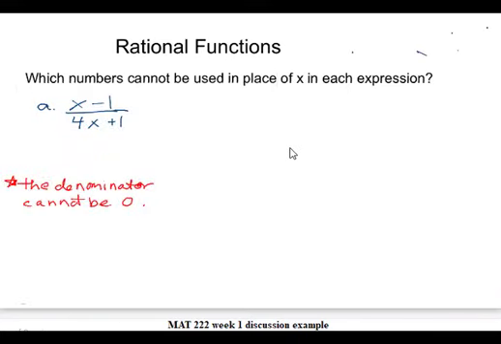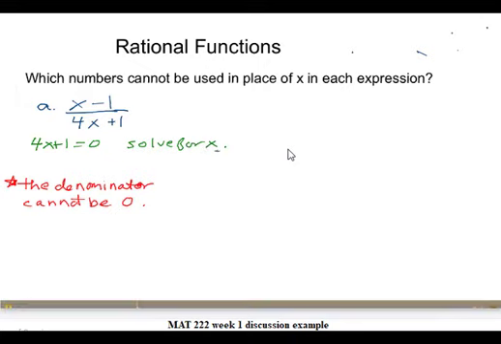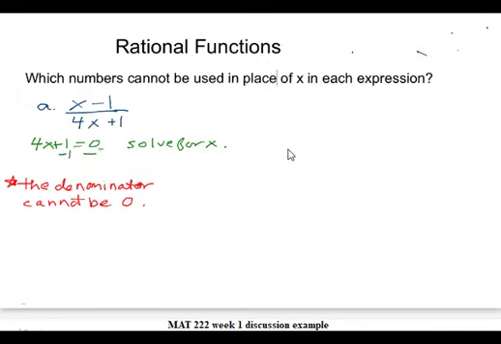So since the denominator cannot be 0, we need to take the denominator, 4x plus 1, set it equal to 0, and solve for x. When we do, we will find a list of the value or values which x cannot be. If we subtract 1 from both sides, remember in math we always do the same thing to both sides, we get 4x is minus 1.